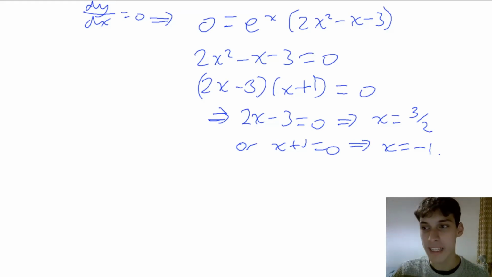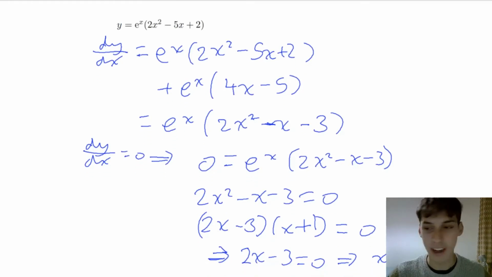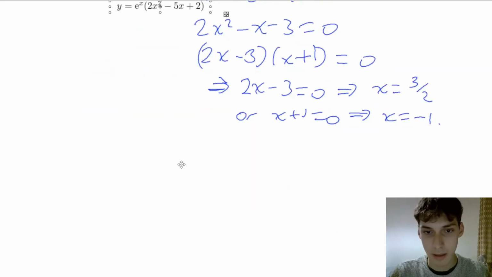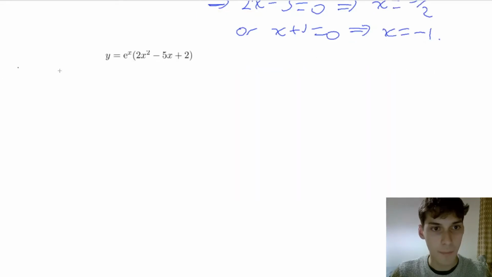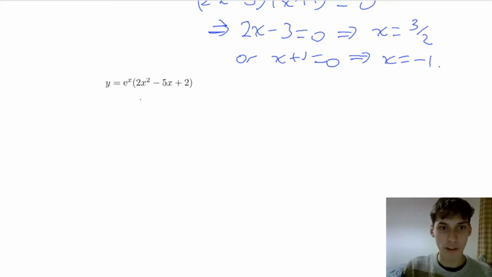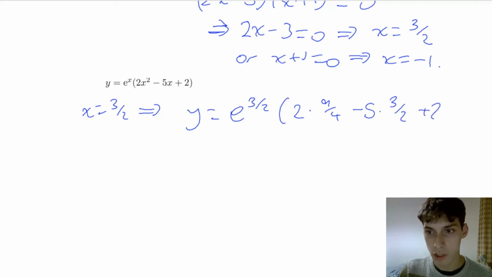So let's substitute these x values back into the initial equation for y, which again I think I'll just copy. There we go. Cut off a bit, but I think that's okay. So let's substitute x equals 3 over 2, which implies that y equals e to the 3 over 2 times (2 times 3 over 2 squared, which is 9 over 4, minus 5 times 3 over 2, plus 2).